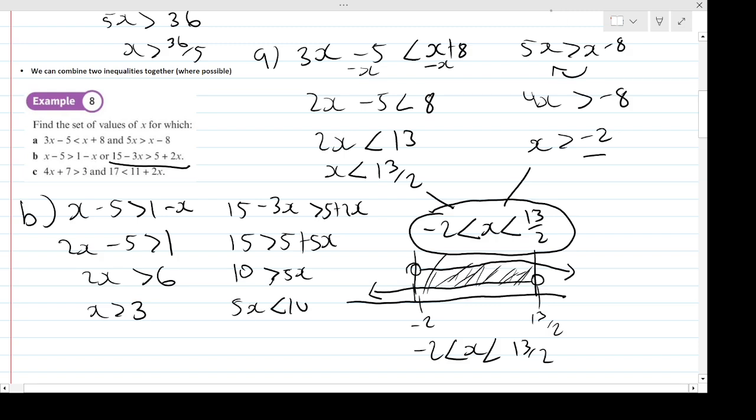I can reverse the ordering, and it means the same thing, right? So this is saying 10 has to be greater than 5x, so 10 is above 5x. This is saying 5x is less than 10. They're exactly the same thing, so I can reverse it to make it easier to visualize. So 5x less than 10, that means x will be less than 2.